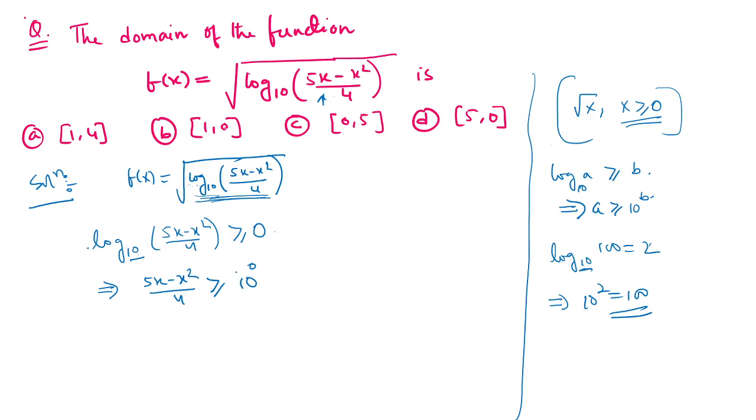Now, anything to the power 0 is 1, a not equal to 0. 10 is not 0, so this will be 1. That means 5x minus x square is greater than or equal to 4.